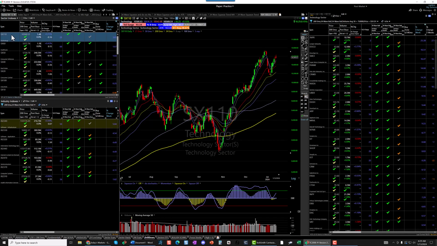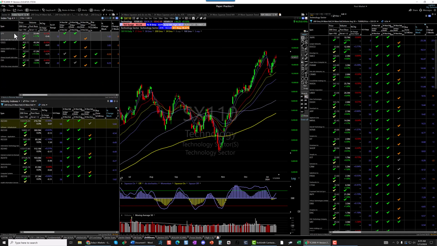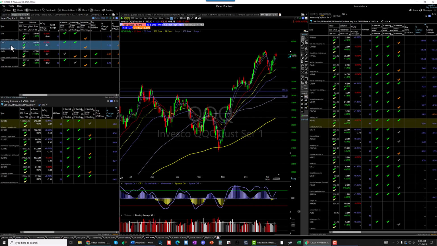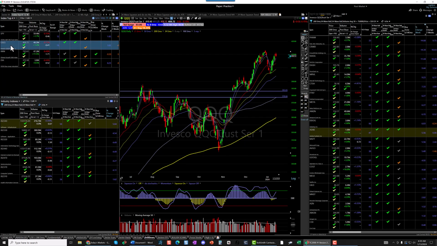And like when we first started doing our sort, we noticed that with the sectors, the SPY and the Q's the strongest, XLK's weighted heavier in the QQQ, and then the SPY. So you can see that's probably made the difference in the move up between the two.